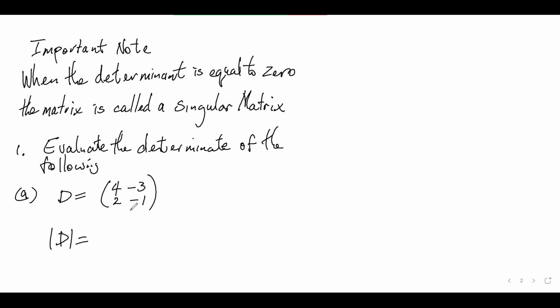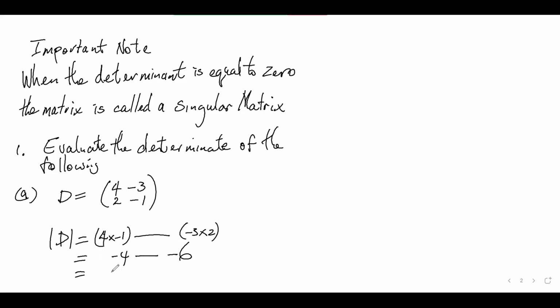So people, let's try it. It is 4 times -1 minus -3 times 2. 4 times -1 is -4. -3 times 2 is -6.